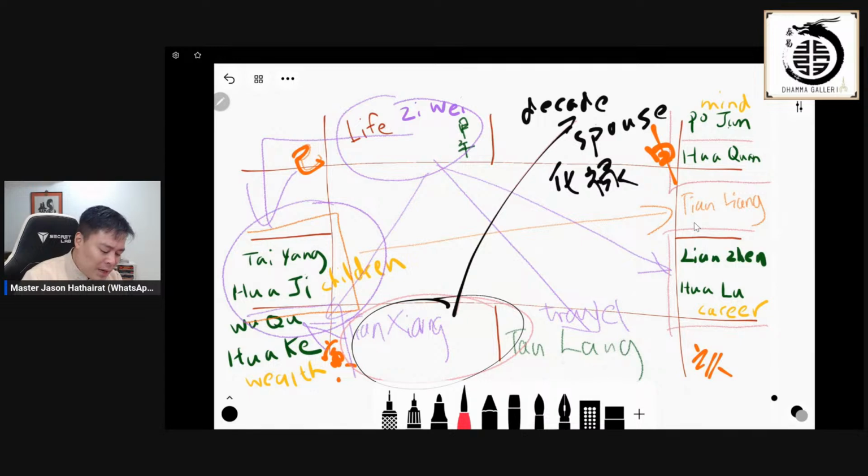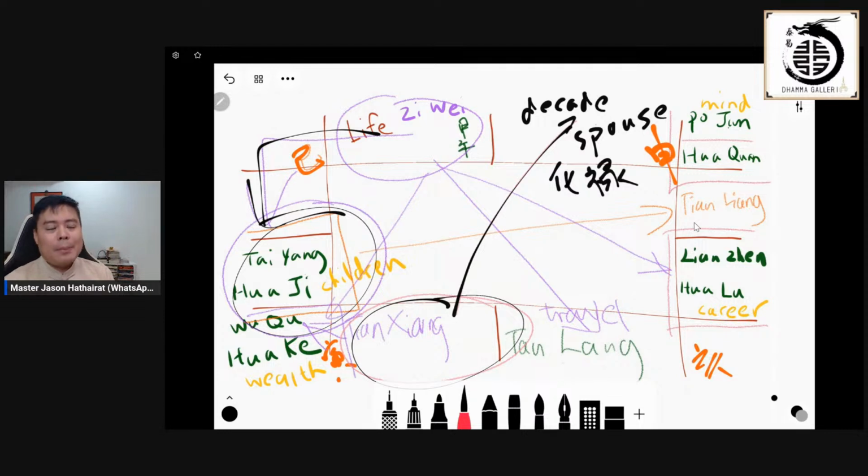It will mean that when the decade trend has moved into the children's domain, the person has a high possibility of having children, and his relationship with the wife will usually be amicable or harmonious, because 化禄 is an energy that can, to certain extents, represent harmony, an amicable or peaceful relationship.